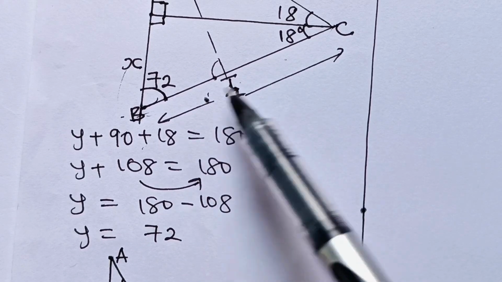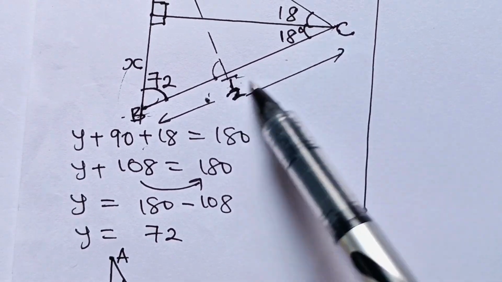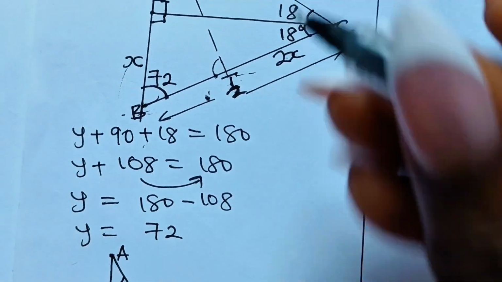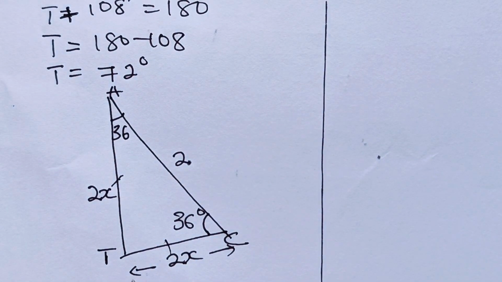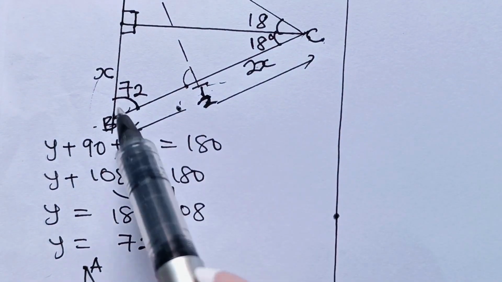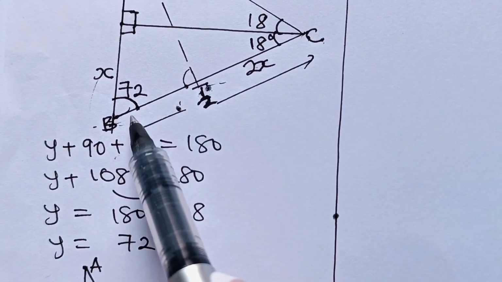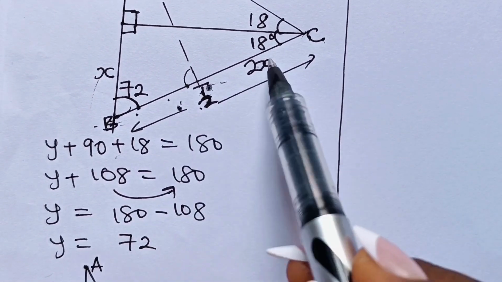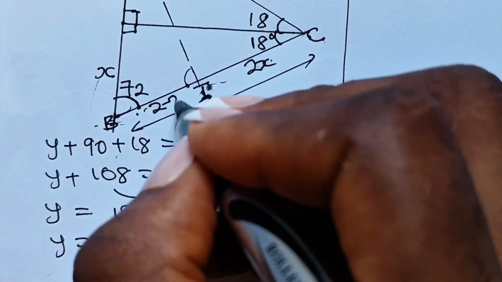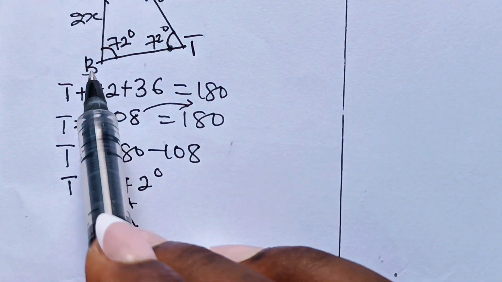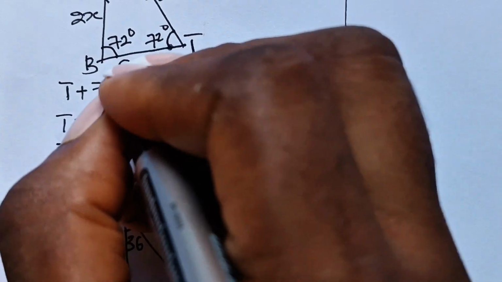If BC is 2 and TC, we got TC to be 2x, let me show you where we got that. So that means that BT is equal to 2 minus 2x. So it means that in this triangle now, BT is 2 minus 2x.